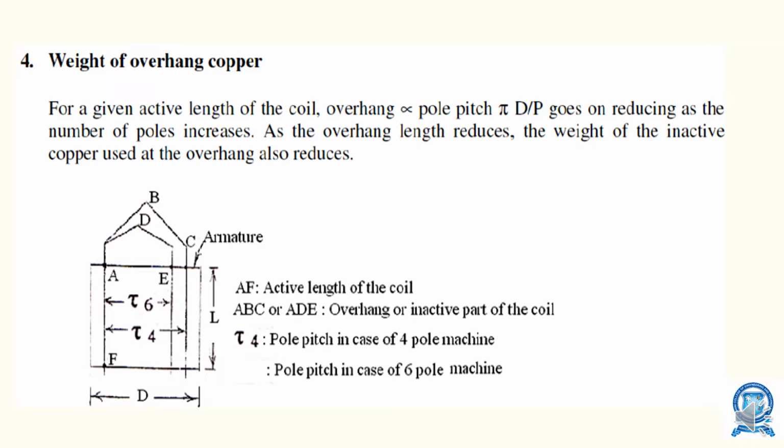The active length of coil is AF, as shown in the figure, and ABC or ADE is the inactive part of the coil. Tau 4 is the pole pitch for the 4-pole machine and tau 6 is the pole pitch for the 6-pole machine.